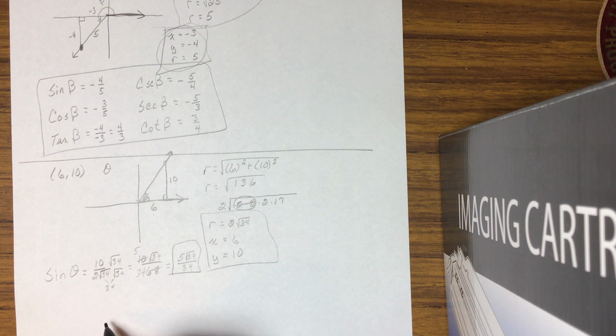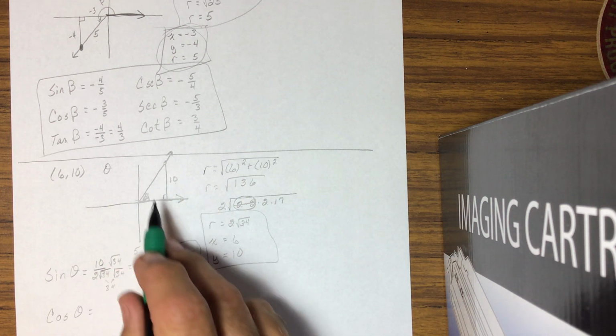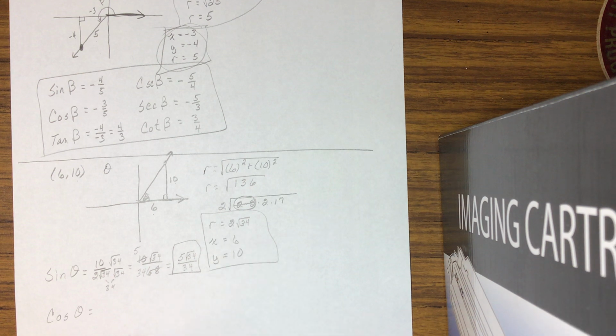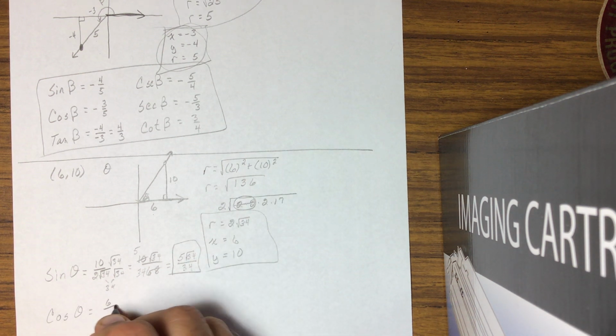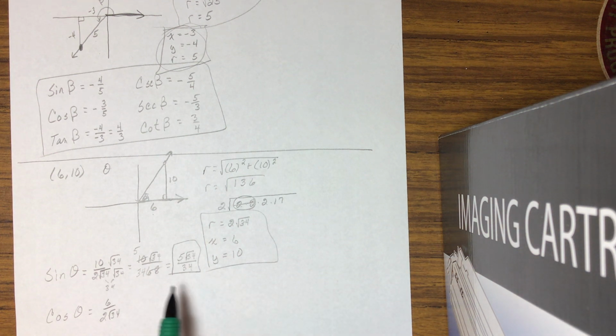We have to do that for each one. Let's go back over here and do the cosine. Cosine of our angle theta is going to be adjacent over the hypotenuse, or 6 over 2 radical 34. Now, guys, I can reduce the 6 and the 2 early. Before, I got out to the end and did the multiplication before I reduced, but I could do it early.